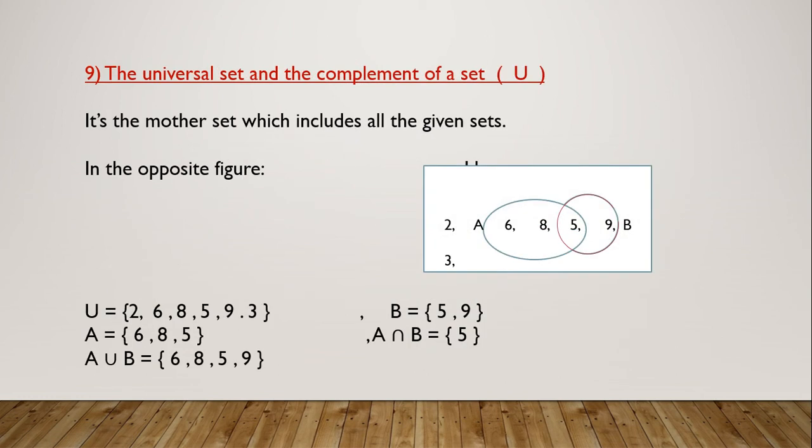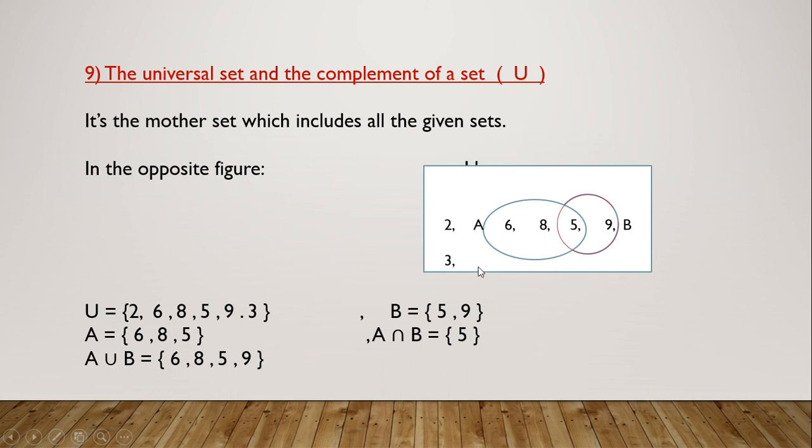Number 9, the universal set and the complement of a set. The universal set, capital U. What is the universal set? It is the mother set which includes all the given sets.